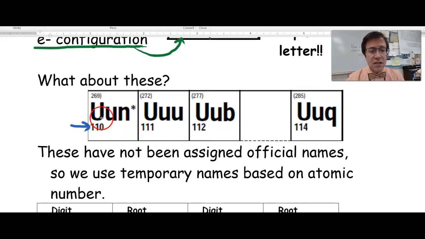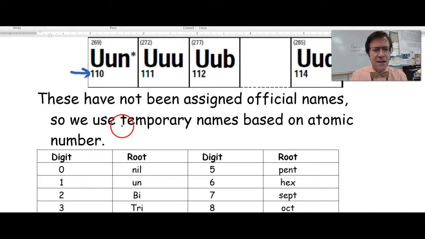And these are just initials for, I think, Greek prefixes for numbers. So like this one, this means 1, 1, 2. The prefix for 1 is un. So there's 1, it would be un. There's another 1, it would be un.